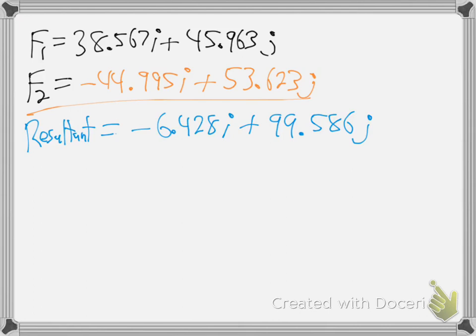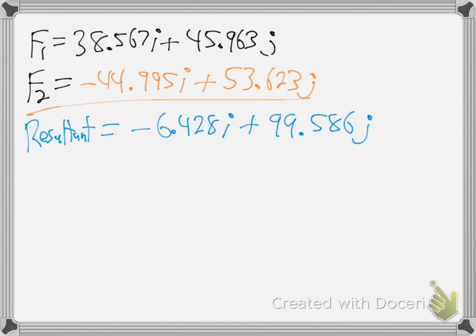So that means there's 6 pounds of force left, almost 100 pounds of force up. That's the result of those two forces, 70 pounds upper left and 60 pounds upper right. See why there's a little bit more left than right? Because the 70 pounds was stronger to the left than the 60 to the right. So the net result is a little left, but mainly up, almost 100 pounds up. Makes sense.